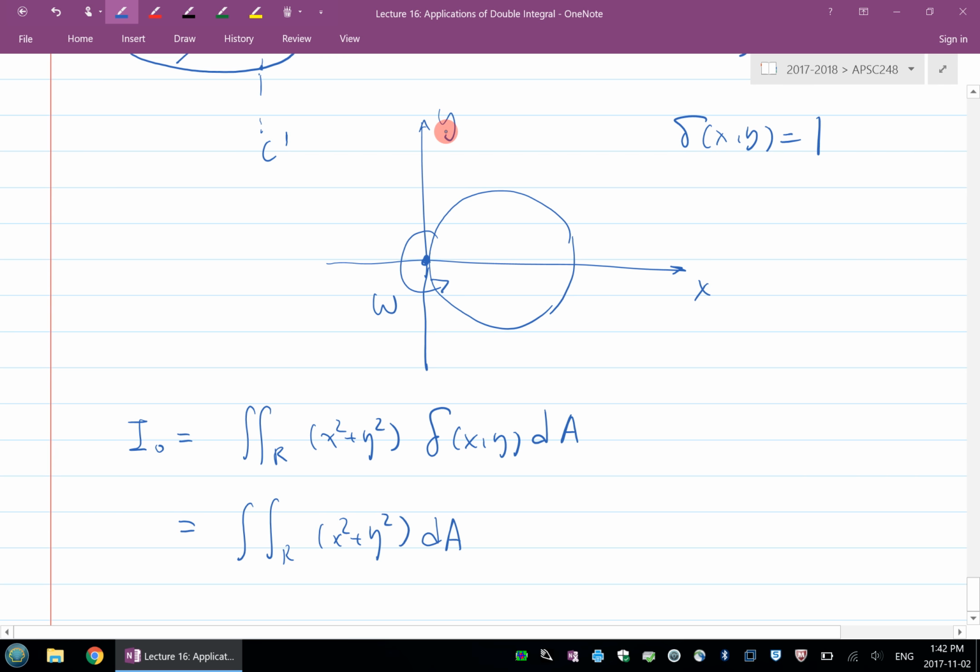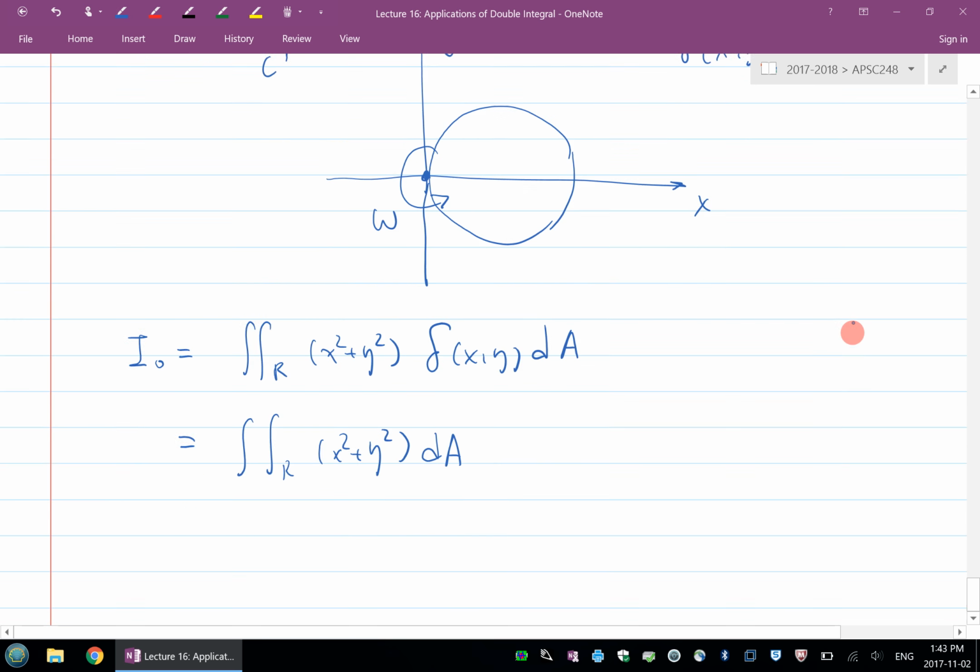Before you jump into it, you try to find the x limit and the y limit. Because this region R is a circle, instead of using Cartesian you should consider polar coordinates. So let's use polar coordinates.